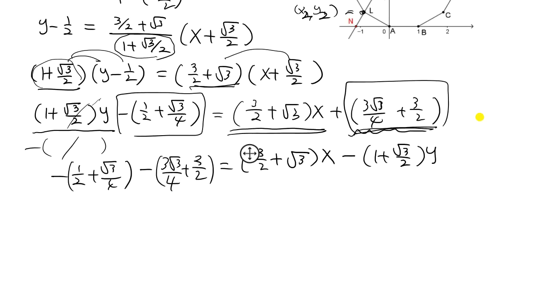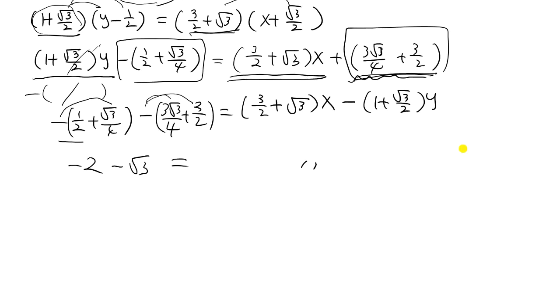So the right hand side we have negative 1/2 minus 3 halves together is negative 2, right? And negative square root 3 over 4 minus 3 square root 3 over 4. So total is negative 4 square root 3 over 4, right? So canceling 4, we only have square root of 3, right? And the right hand side is same.